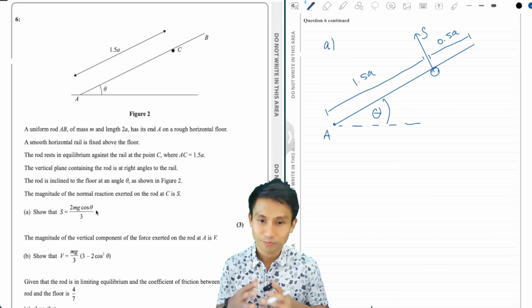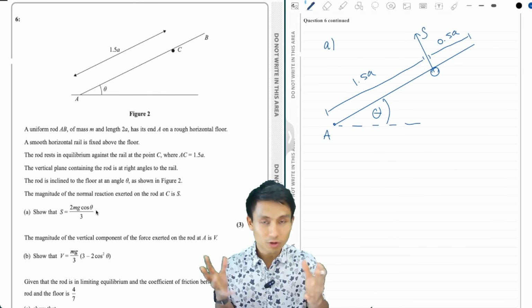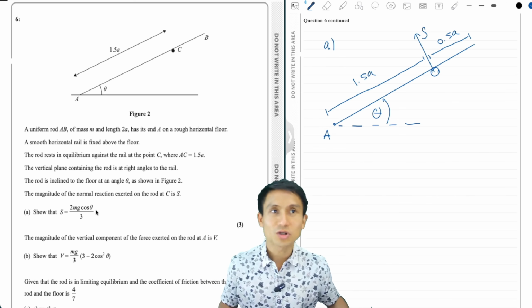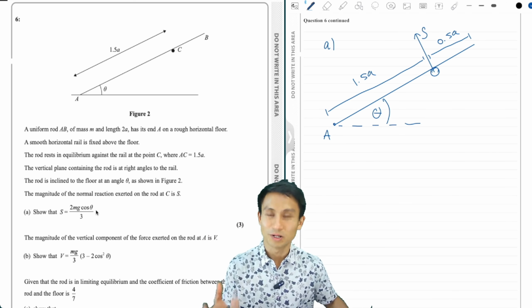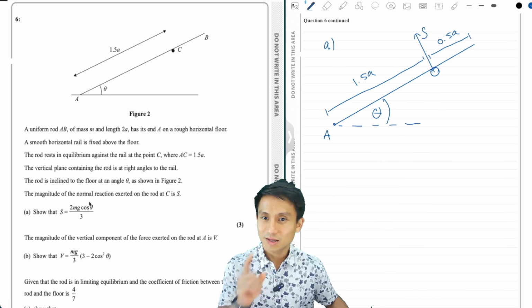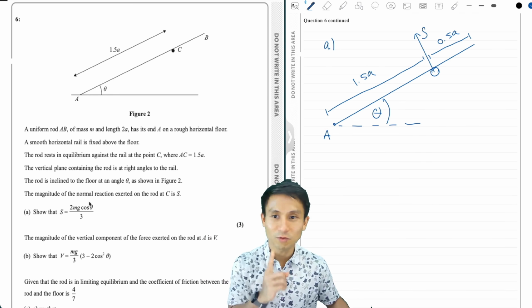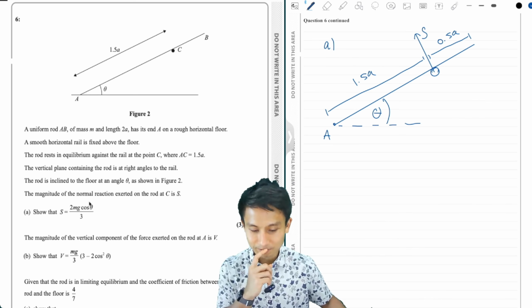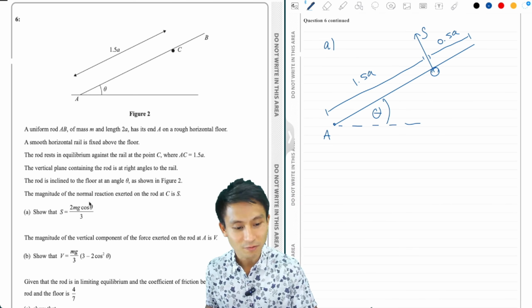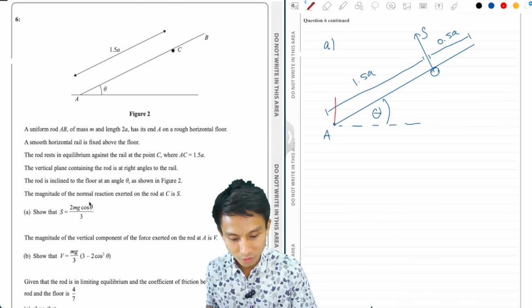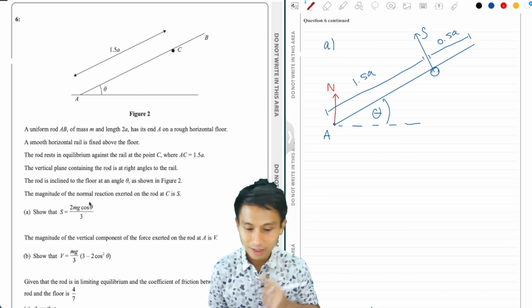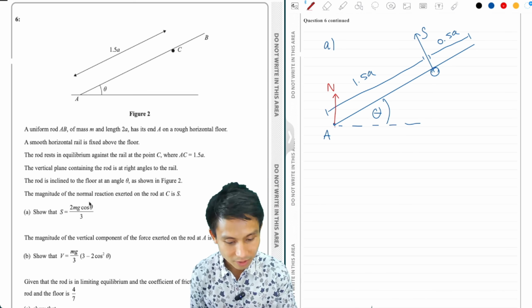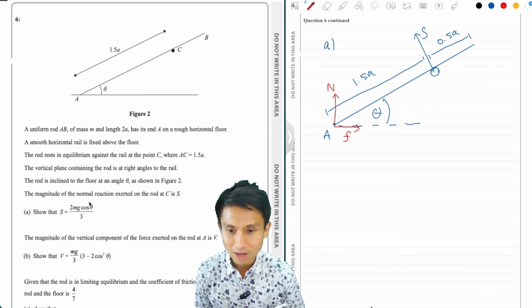All right, so when you do equilibrium, usually, from my experience, it's going to start with moments. This is just finding one force, which is S. Now, if you think about it, you have other forces here. You have the normal N here, and you also have friction here because the ground is rough.